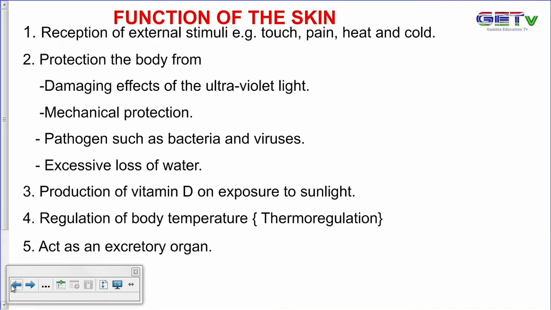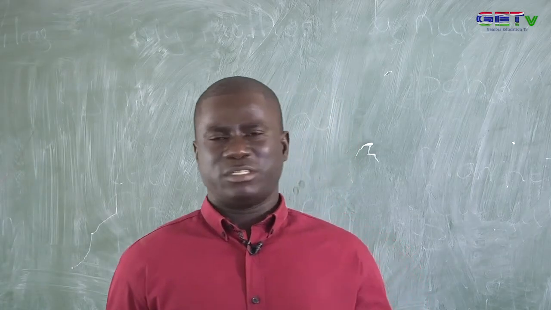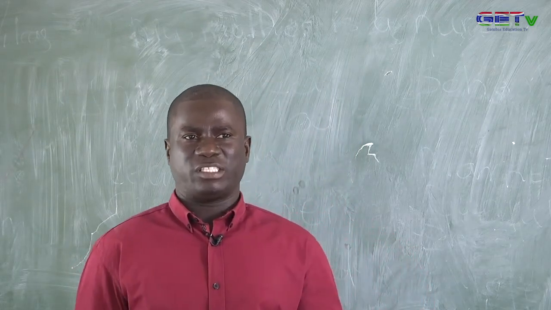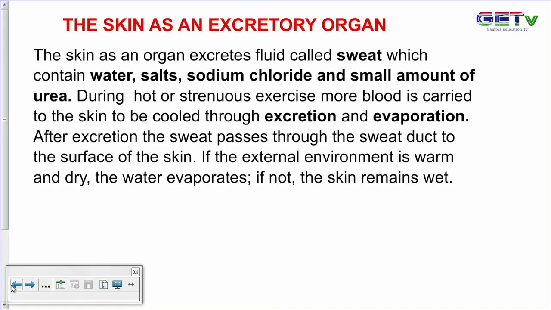And the last one, it is an excretory organ. We said the skin is the largest organ of the body, and it's also the toughest, except for the bone. The skin is an excretory organ that excretes fluids such as sweat, like some of the excretory products we talked about before.